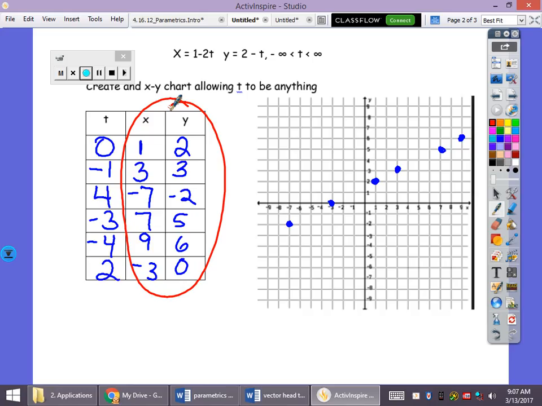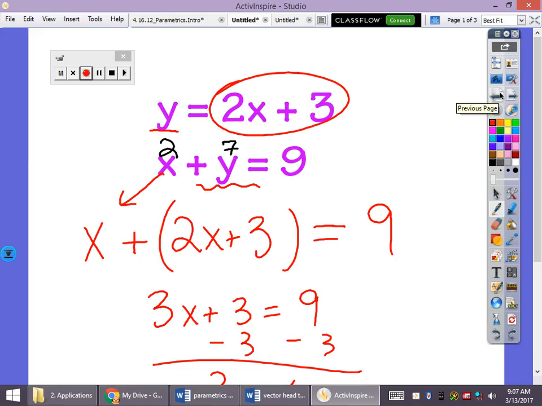I plugged in the same exact t value to both equations, keeping it the same. Okay, so let's go back a minute. I did the same thing here. I plugged in this value for x, this value for y, which gave me the same variable so that I would consistently plug in the same number. All right?